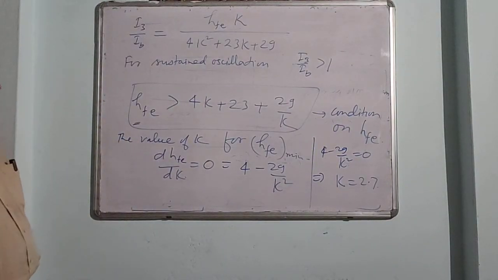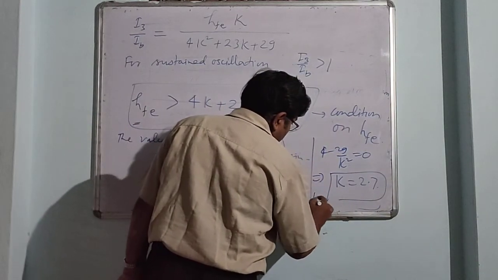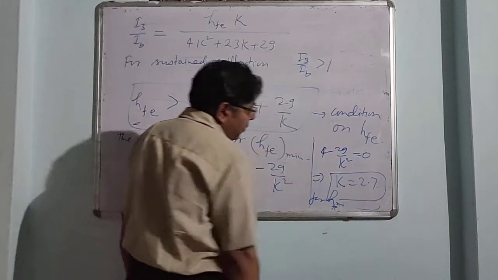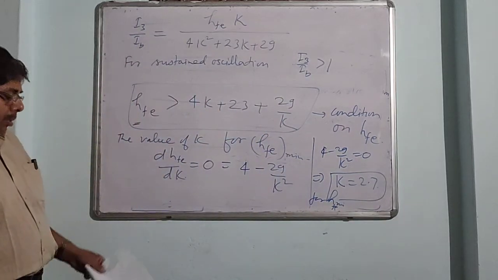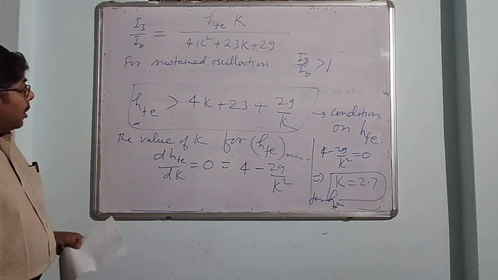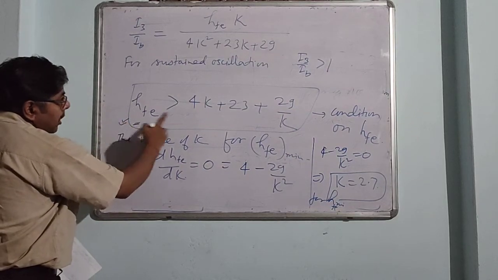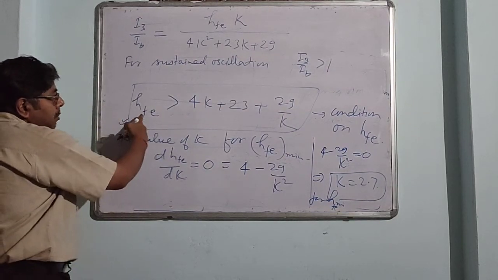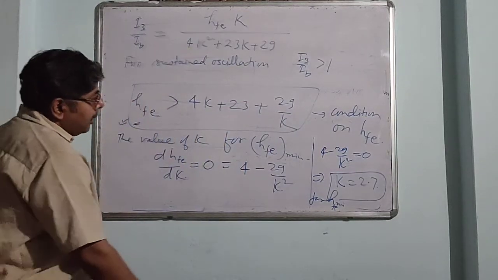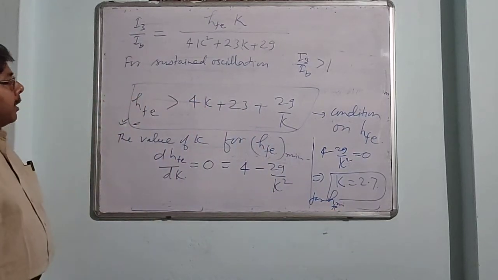So this is the value of K for minimum value of hFE. And at this value of K, you can also calculate minimum value of hFE from this relation. hFE must be greater than this, and minimum value of hFE is at this value, K equals 2.7.